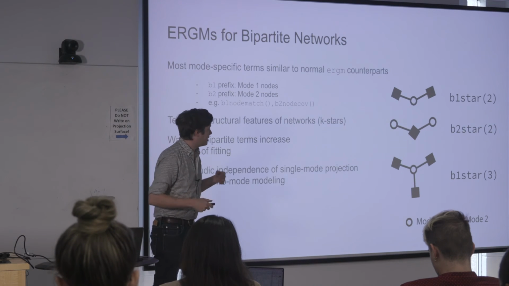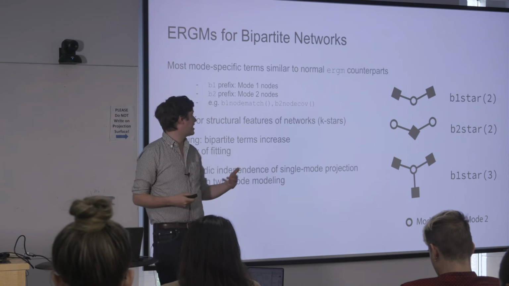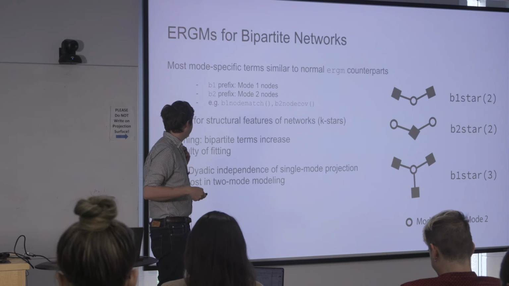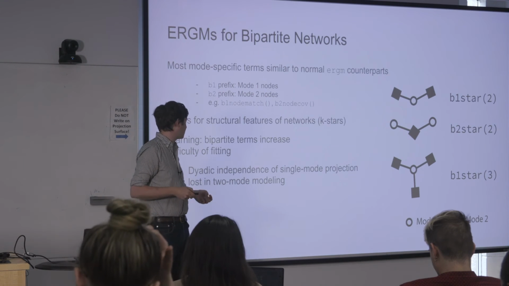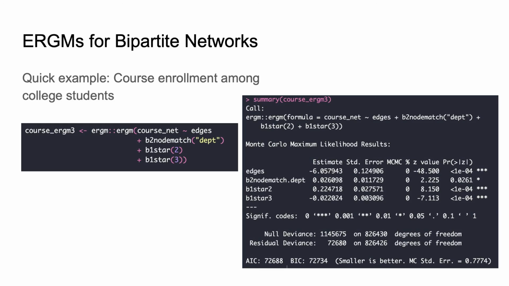The inclusion of that kind of intermediary node makes it lose that dyadic independence. And so it leads to a bit more difficulty in fitting, especially if you're working with larger networks. So that's something to bear in mind.